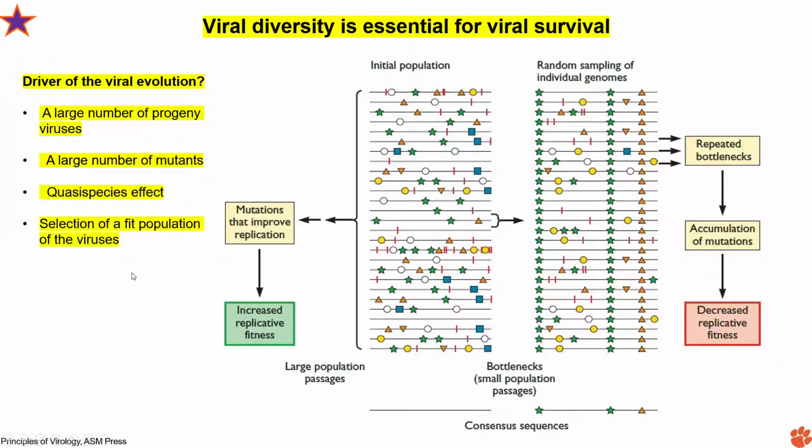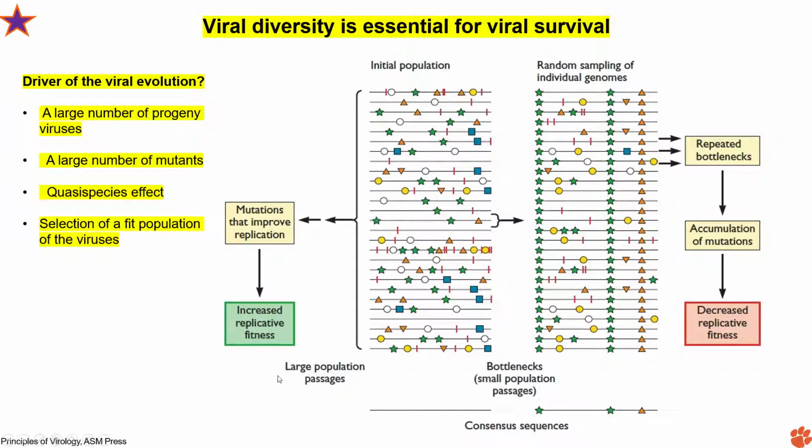And the question is, if we ask, which of the following is a driver of viral evolution? This was explained in the notes, but just remember that these are the overview of the evolution: a large number of progeny and a large number of mutants, as you can easily see, the quasi-species effect, and the selection of a fit population of the viruses.